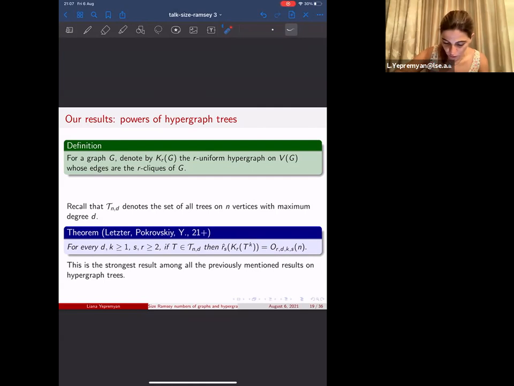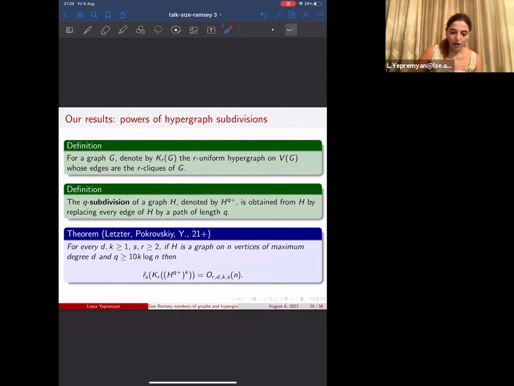The way I defined powers of hypergraph trees or powers of paths is a subset of such a definition. So I take any bounded degree tree, take its k-th power, and then take all the r-cliques of such a graph.